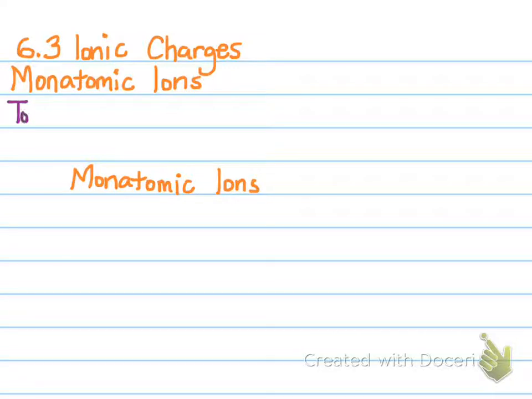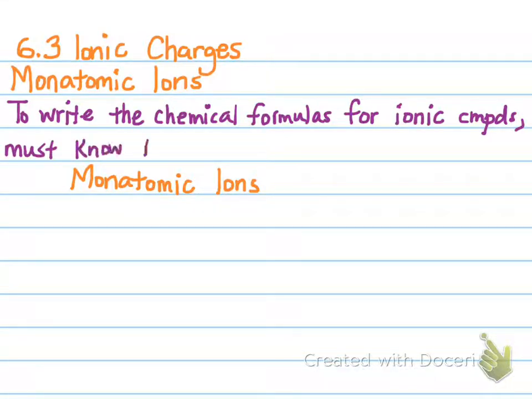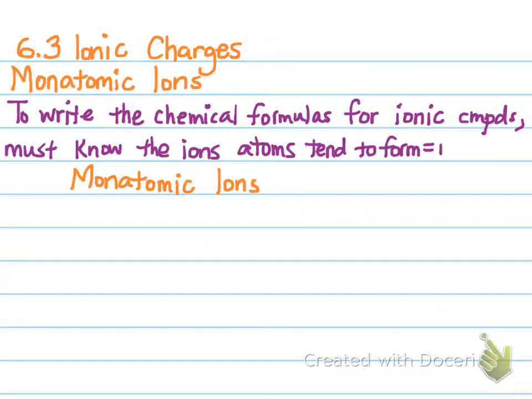So to write the chemical formulas for ionic compounds, you must know the ions atoms tend to form, which means you have to know their ionic charges.